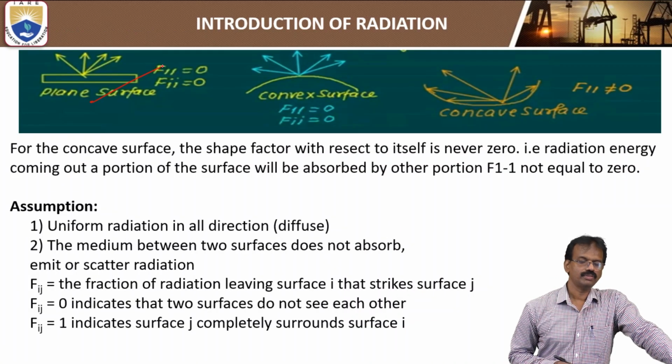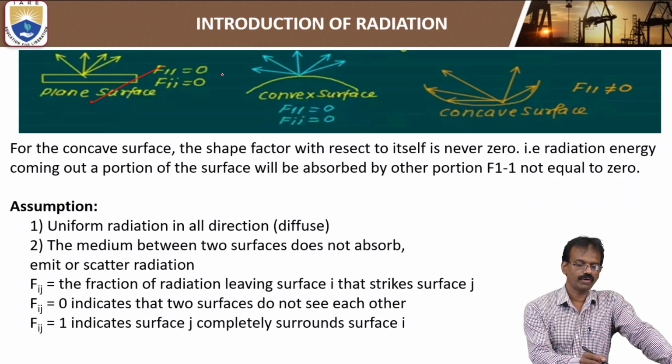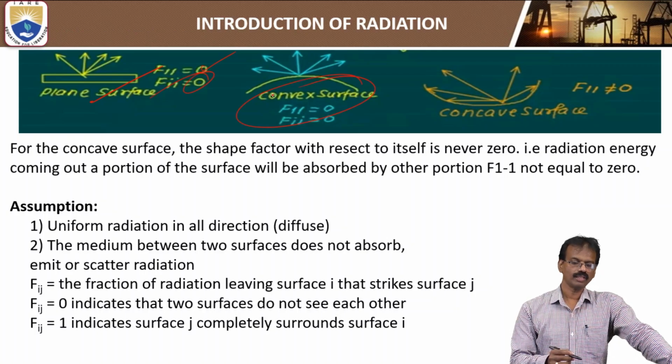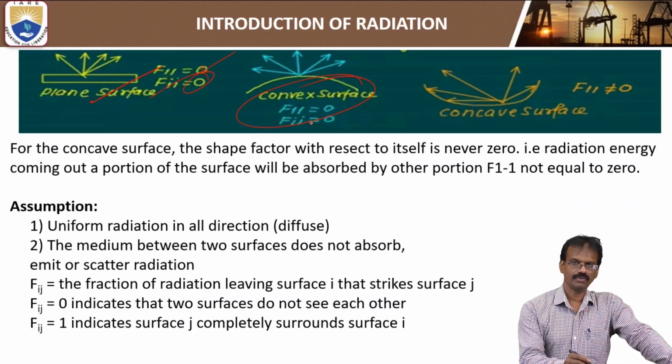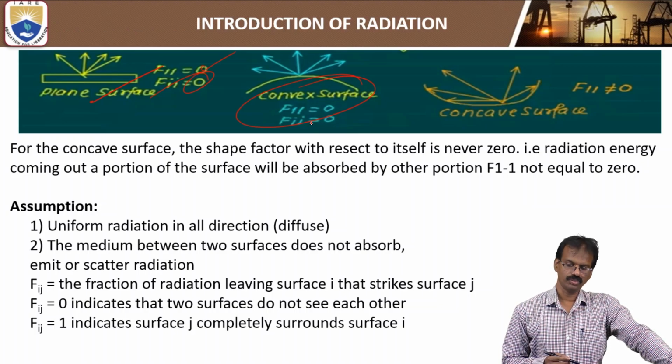This is a flat plane surface, so F11 is equal to 0. Same surface leaving and same surface reaching is 0. For a convex surface also, the energy leaving the surface never touches it again, so Fii is 0. But in the case of concave surfaces, some energy may reach the same surface again, so here F11 is not equal to 0.